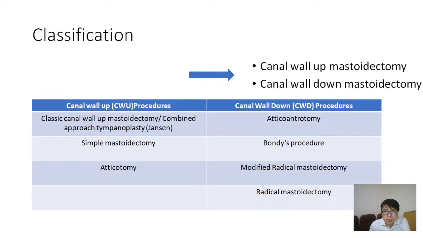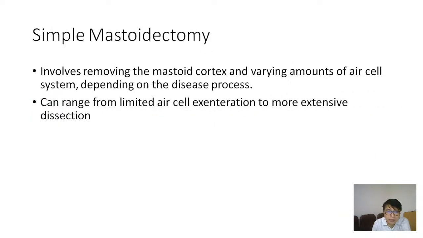In canal wall up procedures, there are different types of surgeries, like canal wall up mastoidectomy or combined approach tympanoplasty, simple mastoidectomy, and atticotomy. In canal wall down procedures, the most commonly followed is the modified radical mastoidectomy, along with atticoantrostomy and bondy's surgery. First I'll tell you about the modified radical mastoidectomy, just to clear the concept.